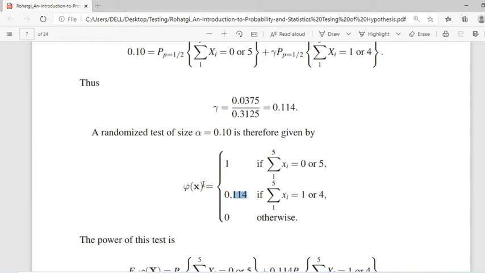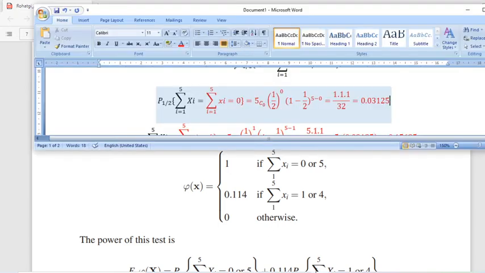Test function equal to 1 means we reject with probability 1 if summation x equals 0 or 5, reject with 0.114 if summation x equals 1 or 4, and 0 otherwise. So this is exactly the expectation of phi of x.